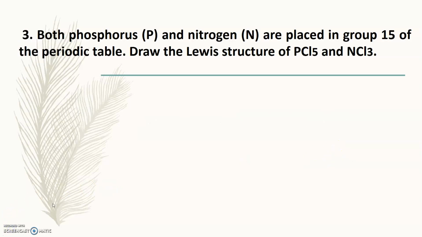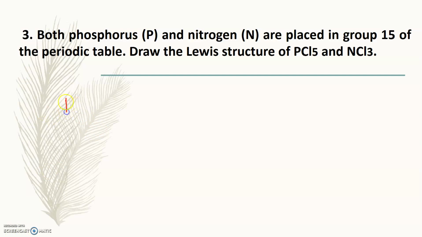Next is question 3. Both phosphorus and nitrogen are placed in group 15 in the periodic table. Draw the Lewis structure of phosphorus pentachloride and nitrogen trichloride. Since phosphorus and nitrogen are in group 15, they have 5 valence electrons.